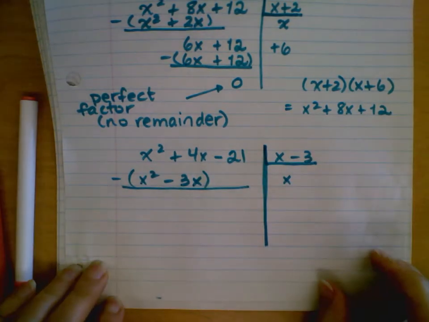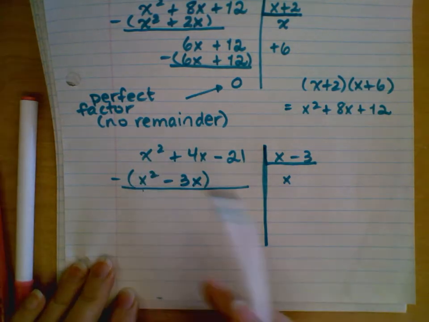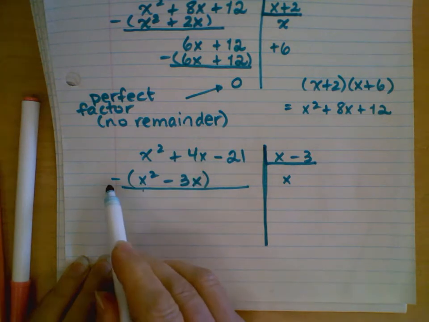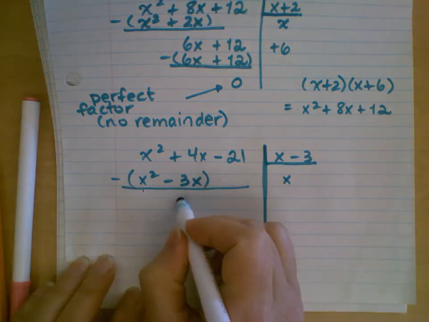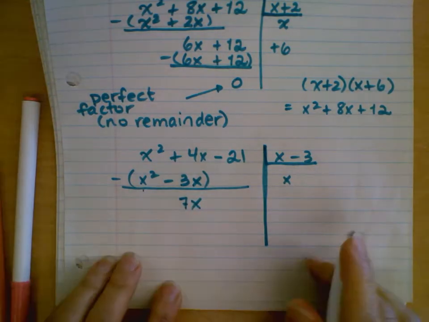Subtract that from my original trinomial or 3 terms. First term is now eliminated. I've got 4x minus negative 3x. That's 7x as my linear term.